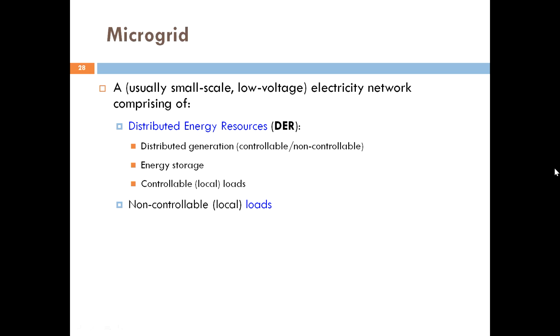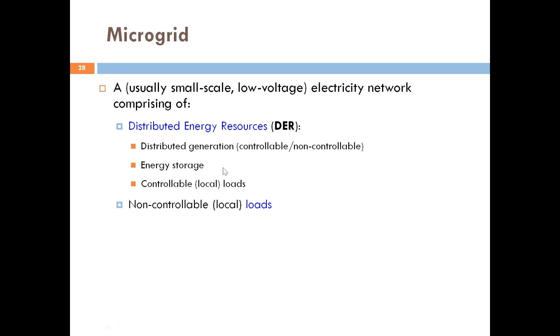Okay, so a microgrid is characterized as an electricity network that is comprised of distributed energy resources, and as I have mentioned already, distributed energy resources have got distributed generation, energy storage, as well as controllable loads.